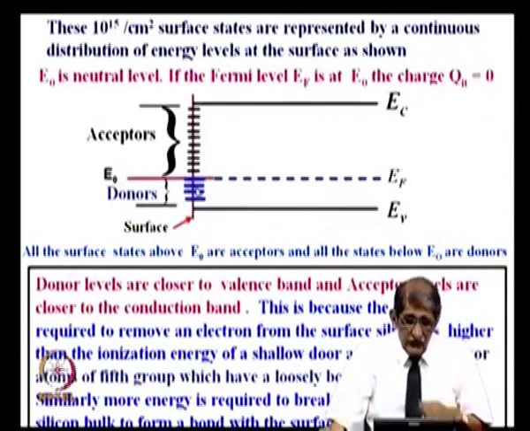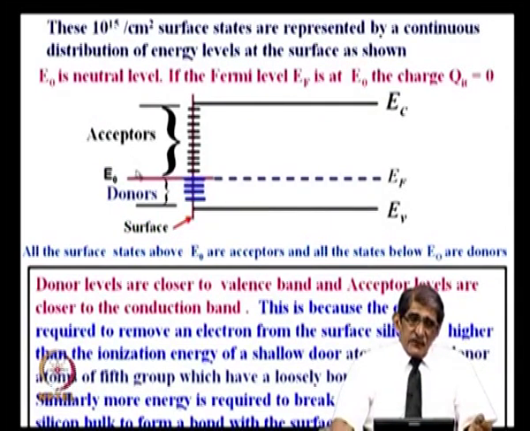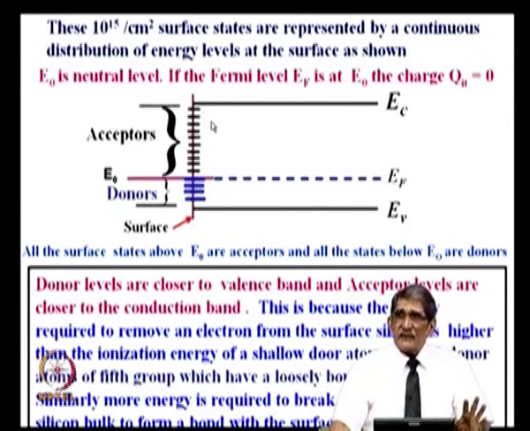So, in this case, you call this the neutral level, because if the Fermi level coincides with that level, the donor levels below it are occupied, so it is neutral. Levels above E naught, which are acceptors, are not occupied, so they are neutral. So, the net charge on the surface is 0. So, energy band diagrams will be flat.